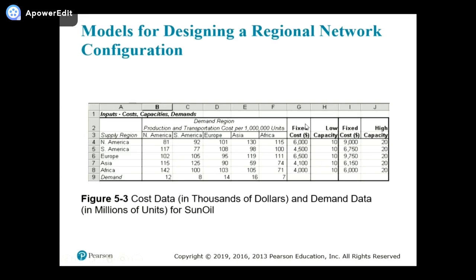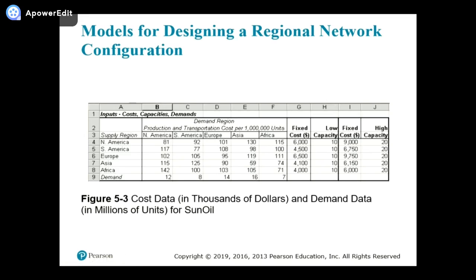And the Sun Oil company is considering not only where to locate the facility, but also what capacity we should build in each region. So these are the rough levels of capacity.